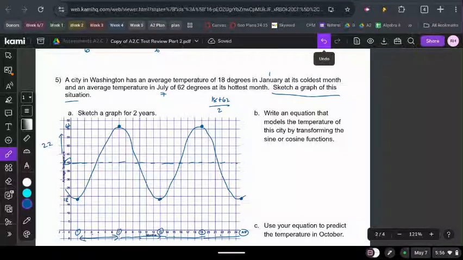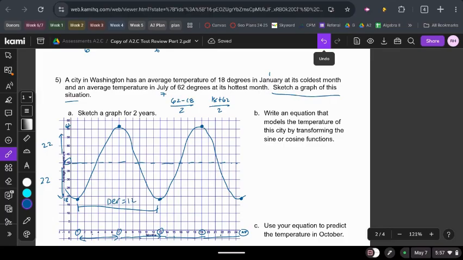I could also do the 62 minus 18 and divide by 2 and get 22 as well. And you can also see that when I subtract 22 from 40, I get 18. The period is going to be 12.